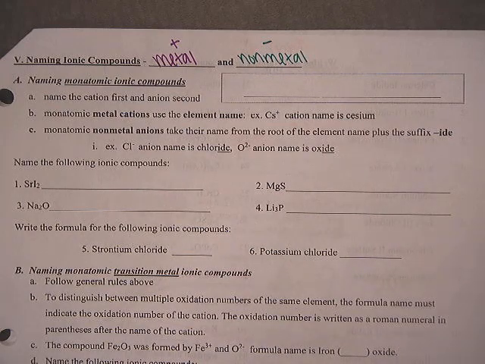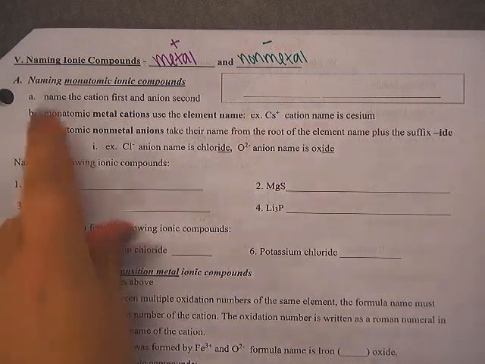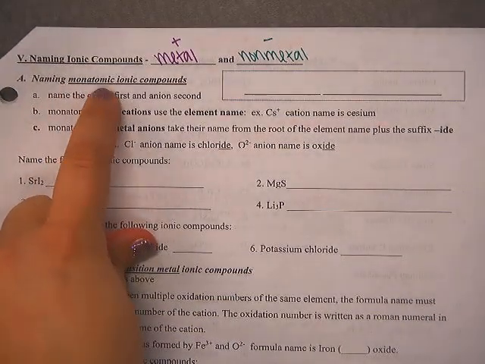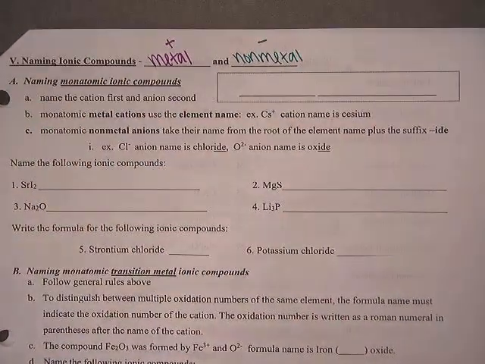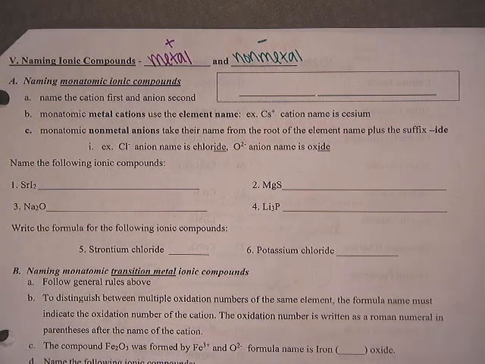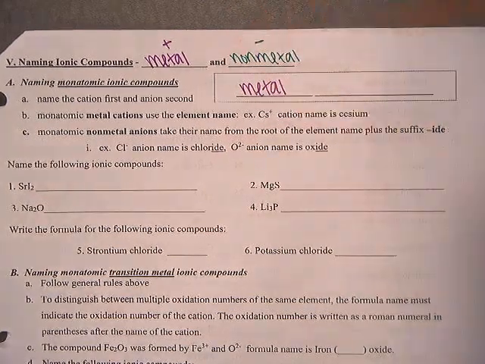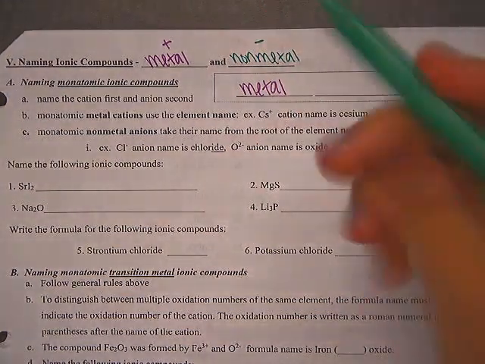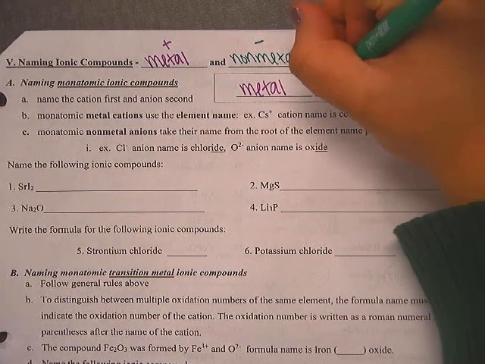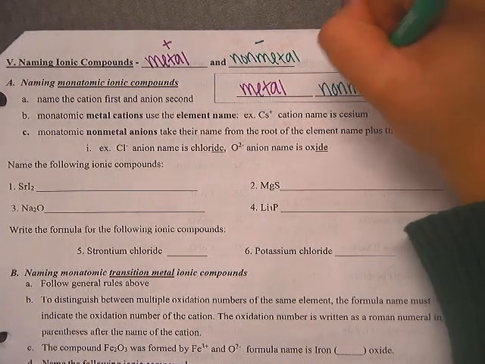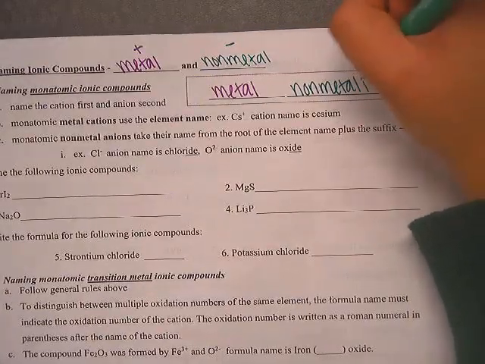For the types of bonds that we've done so far, which are just basic, we call it monatomic, meaning just one atom, ionic compounds, where it has one metal and one nonmetal. I like to give students the format of: we're going to name the metal exactly what it is. And then the second part of the name is going to be the nonmetal with -IDE.